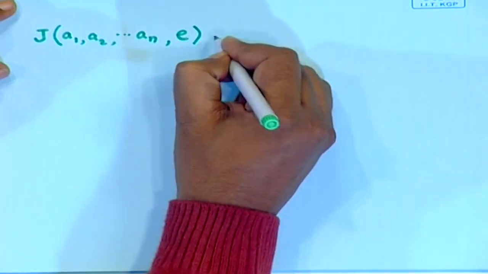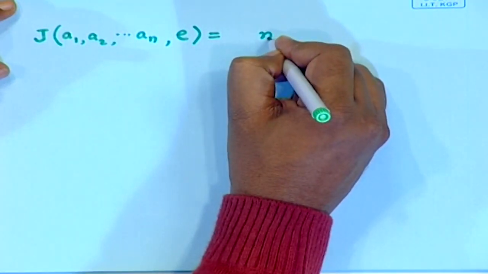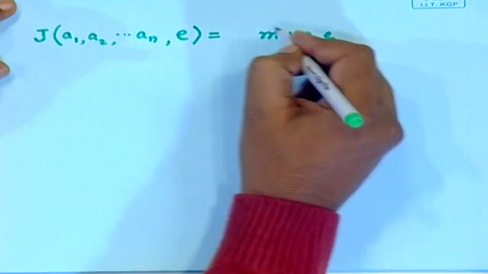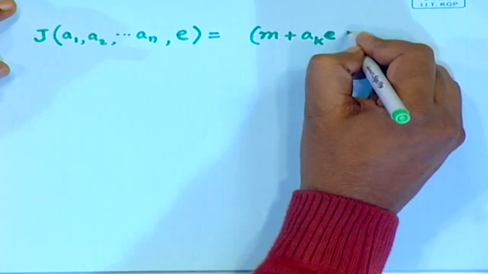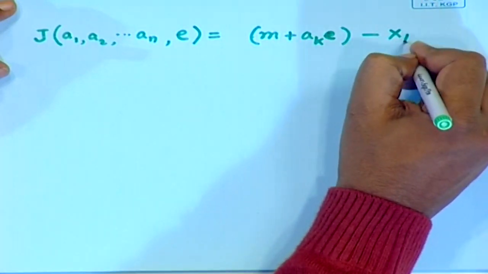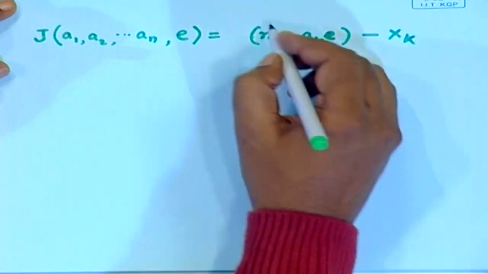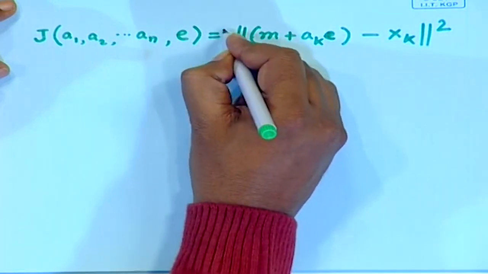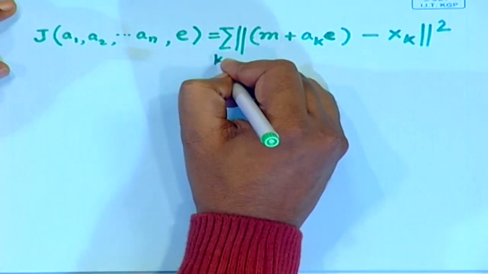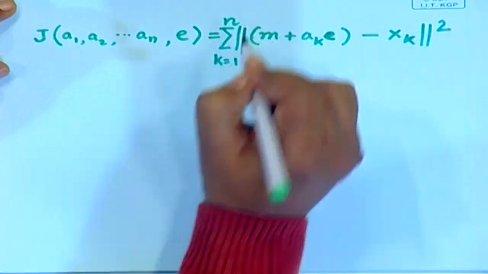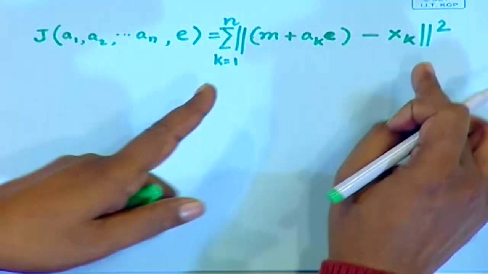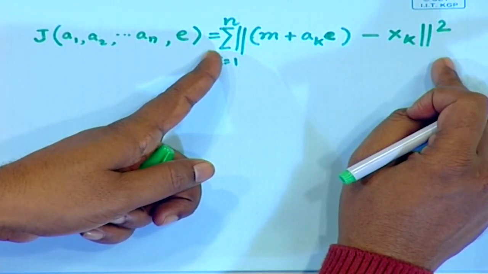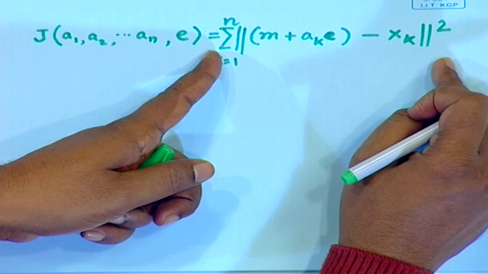And this is nothing but the mod square of m plus ak e minus xk, summed over k varying from 1 to n. So this is a squared error within summation, the sum of squared error.